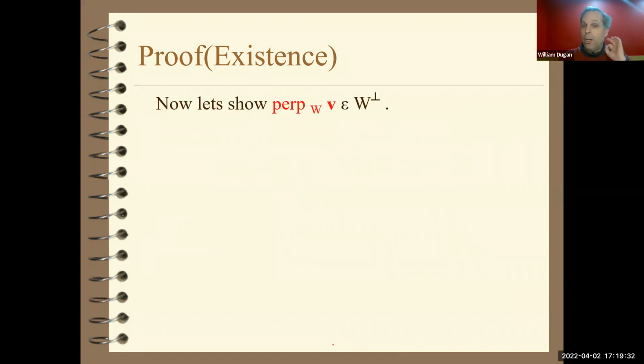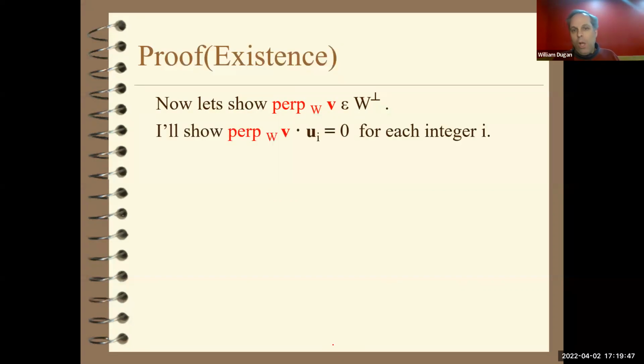Next, I have to convince you that the component of v orthogonal to W actually is orthogonal to W. So I have to prove to you that if you take this particular vector and take its dot product with anything in W, it's 0. Well, to do that, all I have to do, from a thing we said about orthogonal complements, is just convince you that the dot product of this vector, which I'll call perp v from now on, with any of the basis vectors for W is 0.